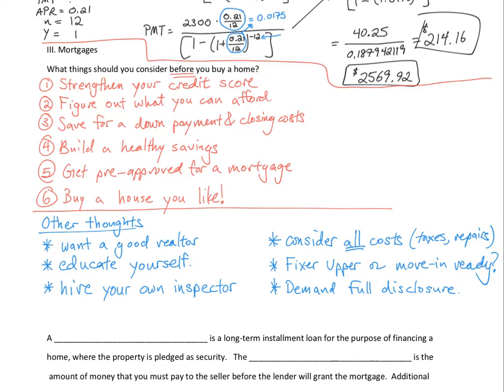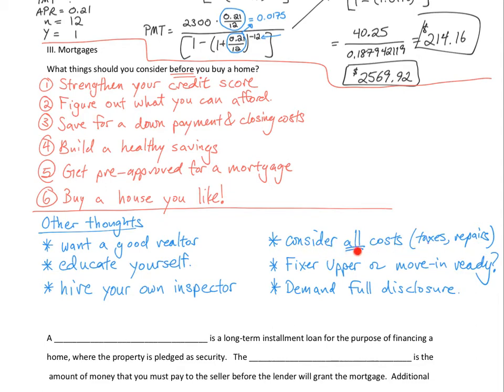Oftentimes, many people are surprised to know that they can afford a house instead of an apartment. So figure out what your monthly payment could be for a house. And I'm going to skip down here because there's a lot more that goes into a house payment than just interest and principal payments.